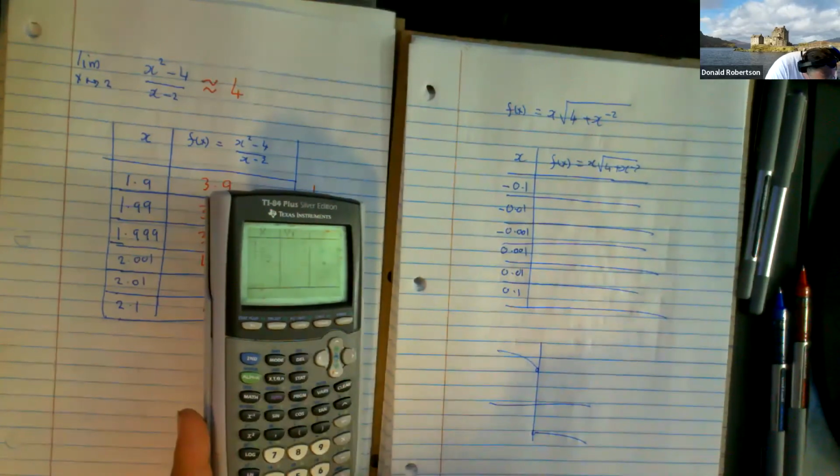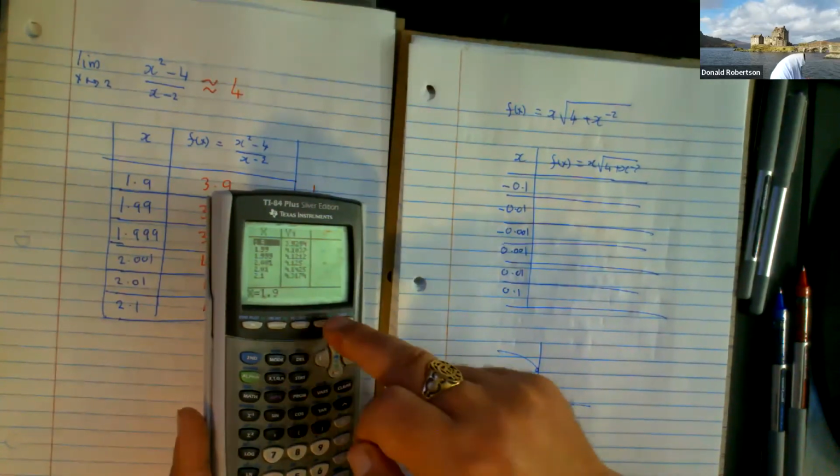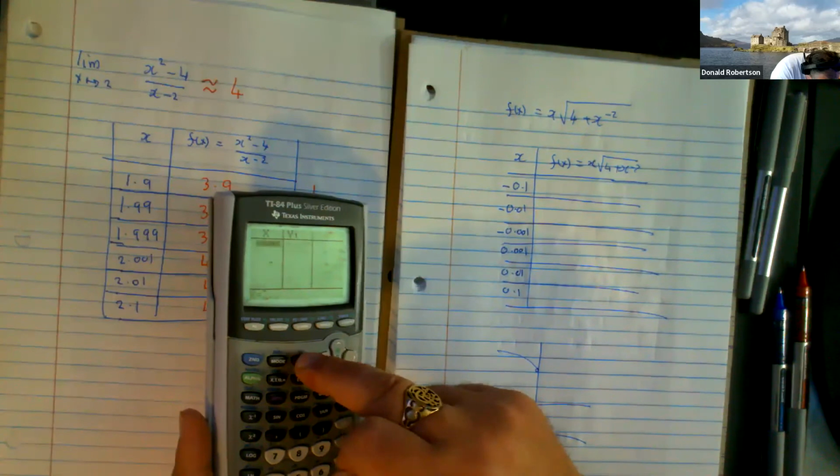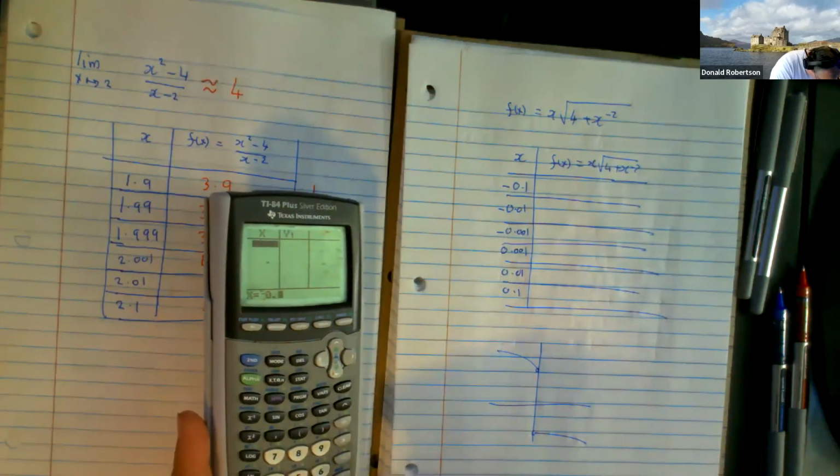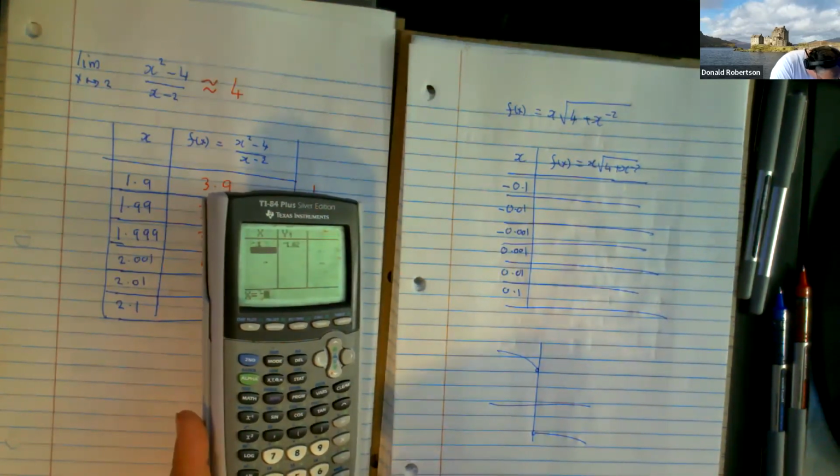Go into table setup, get rid of these, and put in negative 0.1, negative 0.01, negative 0.001, positive 0.001, 0.01, 0.1.